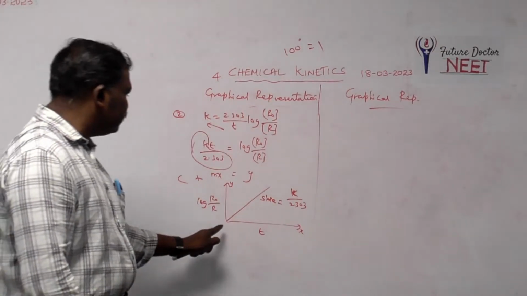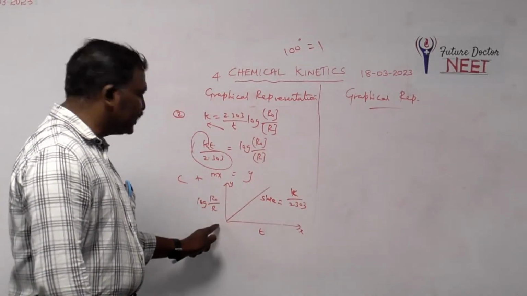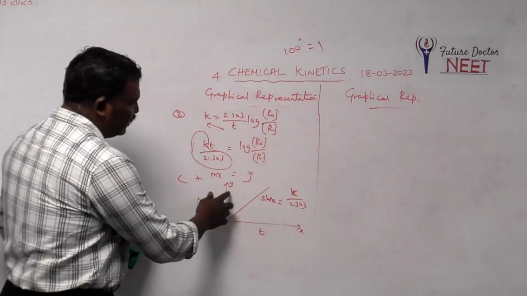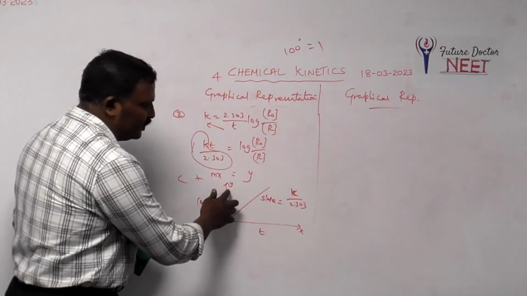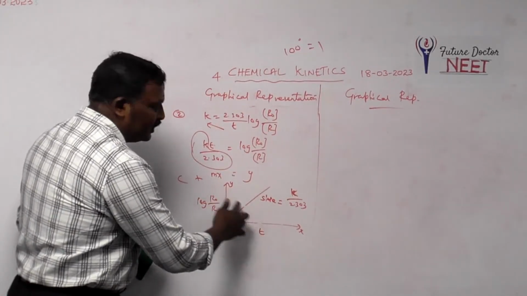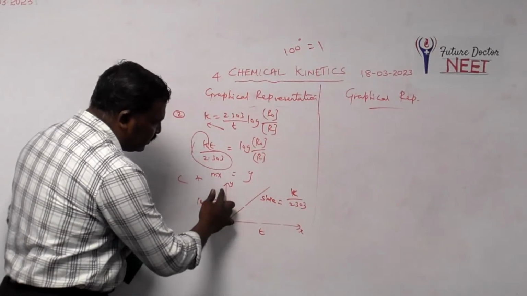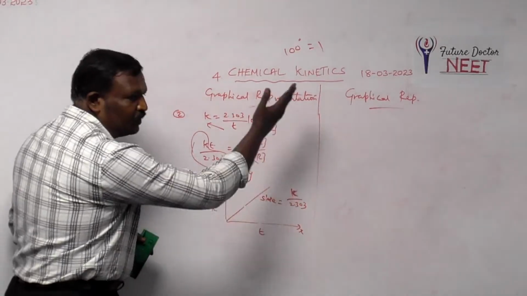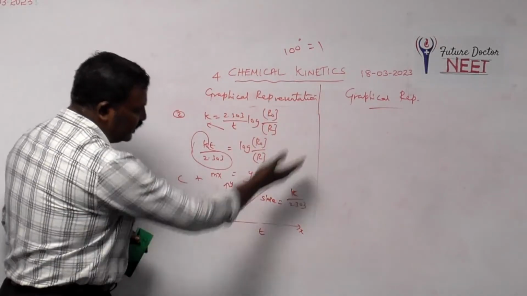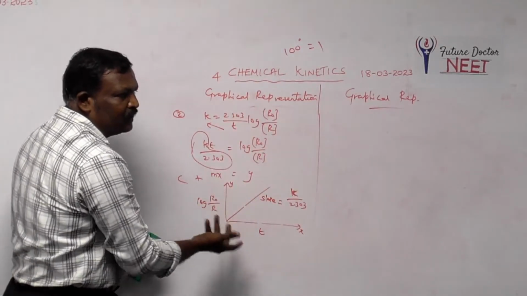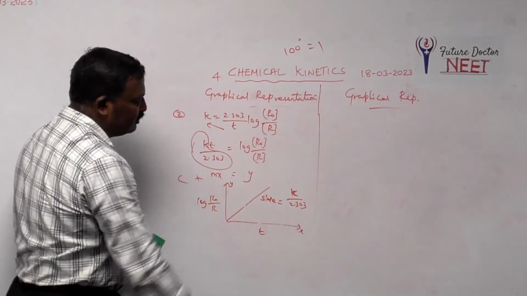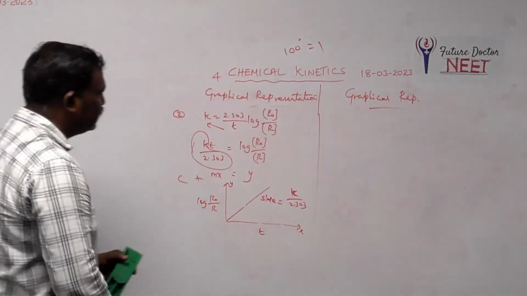Last time, in the graph I put a straight line like this, this portion is called the intercept. But here it starts from 0, so there is no intercept. The y value here is 0, so the intercept is 0 in this case. Understood?